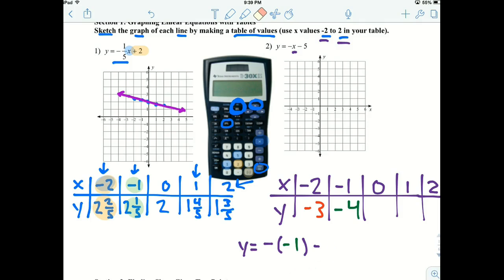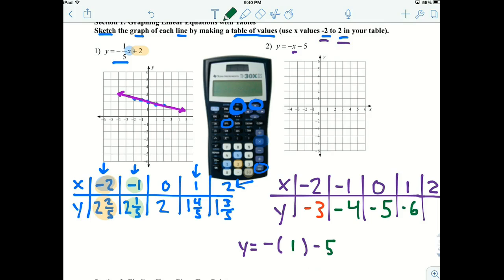So I'm going to continue plugging values into this, and I'm going to plug in the 0. -0 minus 5 is going to be -5. Negative of a positive one is just -1, and -1 minus 5, since they're both negative, the answer is going to become more negative, so it's going to be -6.